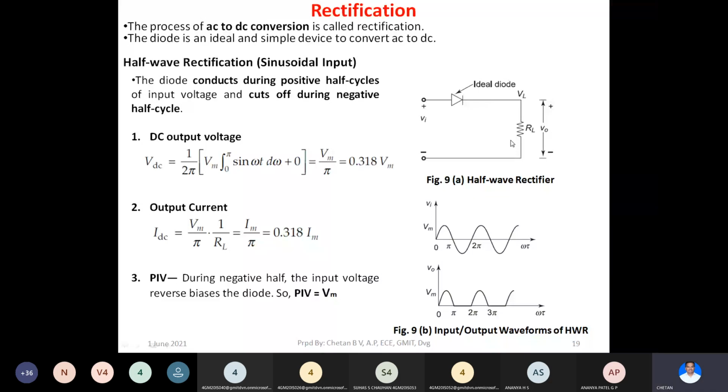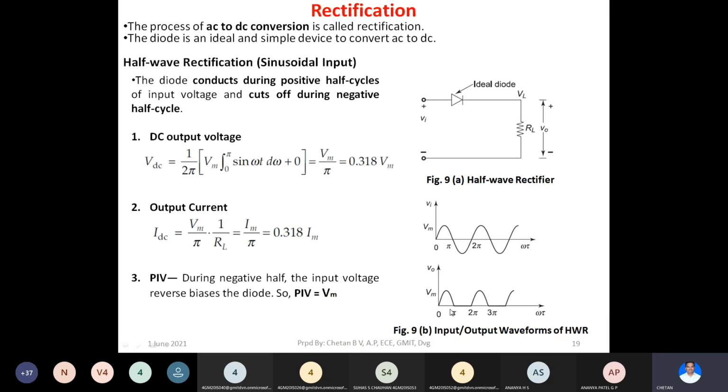After seeing the operation of this half-wave rectifier, we derived some of the parameters with respect to different voltages and current. The first one is the output voltage, represented as VDC. You can obtain this by taking the average or mean of the complete output, by integrating between 0 to 2 pi limits and multiplying with the interval 1 by 2 pi.